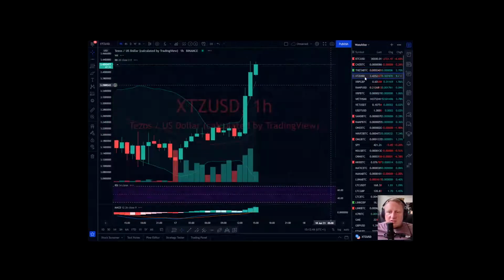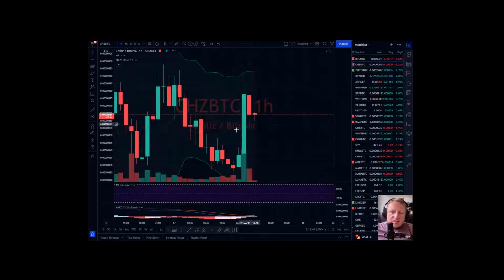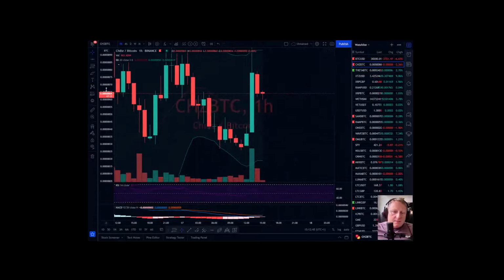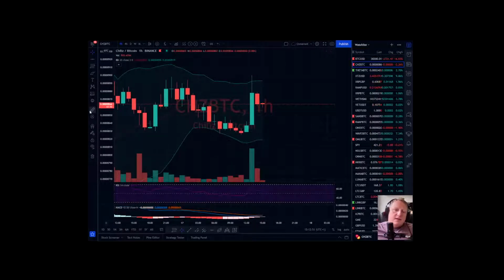But with Chiliz, if we do the same game, and that is that we wait for the pullback, so we come in and we enter at the point here where we find most support and resistance. At that point, hopefully the RSI will be more sort of down towards the early mid 30s, and the histogram will be hopefully going the other way.